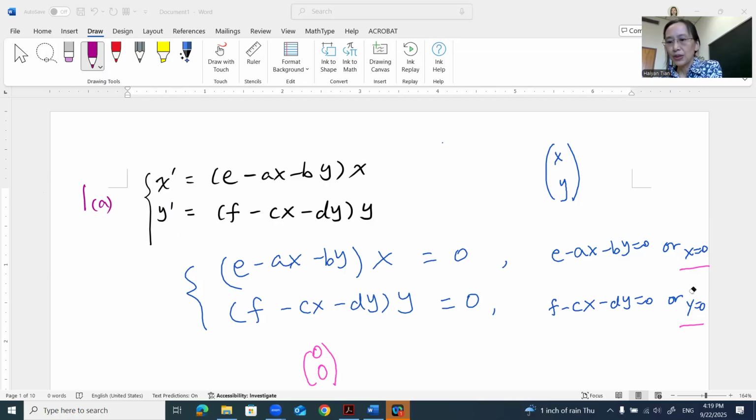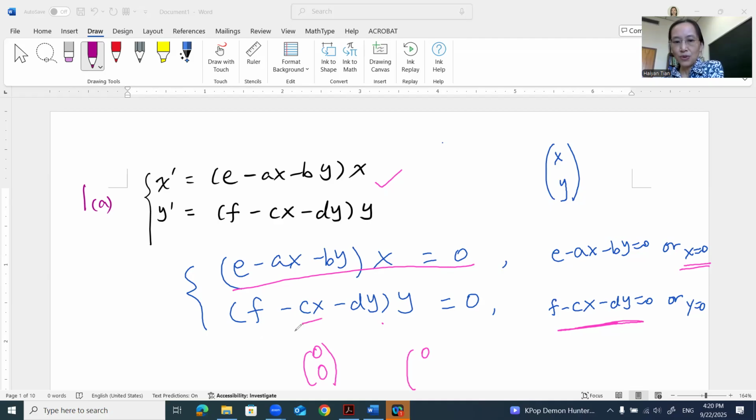However, if X is 0 but Y is not 0, then we can think of another solution. When X is 0, that's enough to satisfy the first equation, because the first one is 0 already.